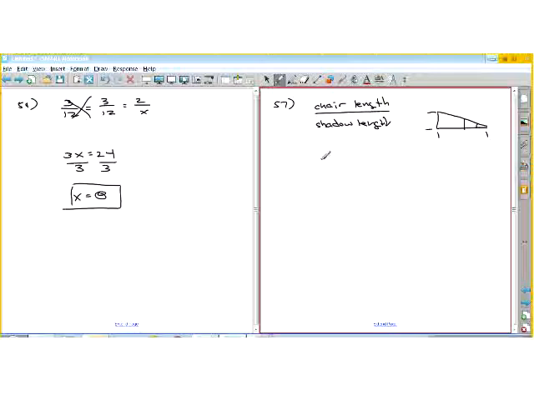So all we have to do is set up a ratio here. You just have to make sure the shadows are in the same proportion. So 18 feet is the shadow. So let's put the shadow down here.